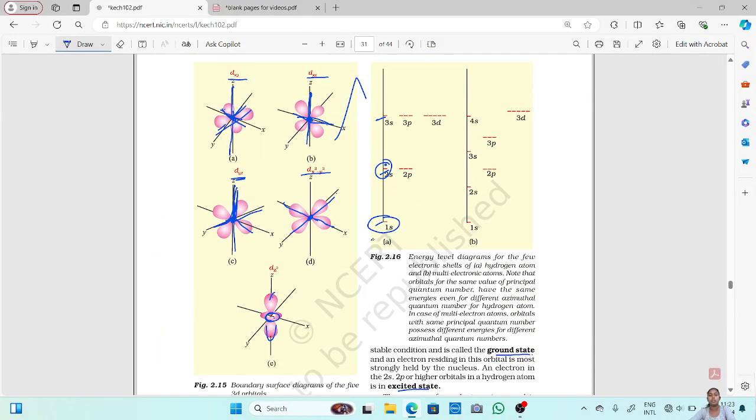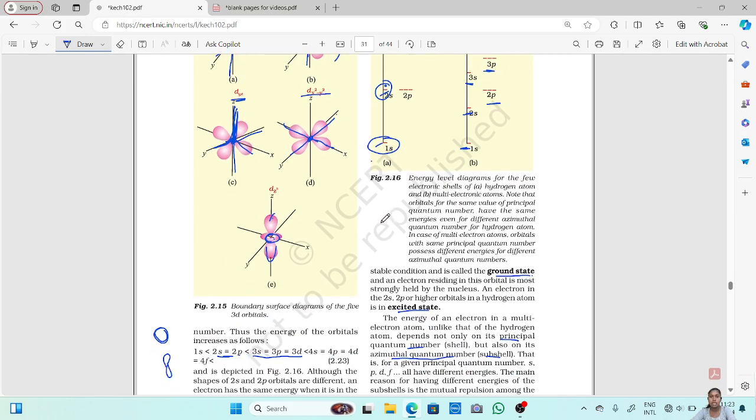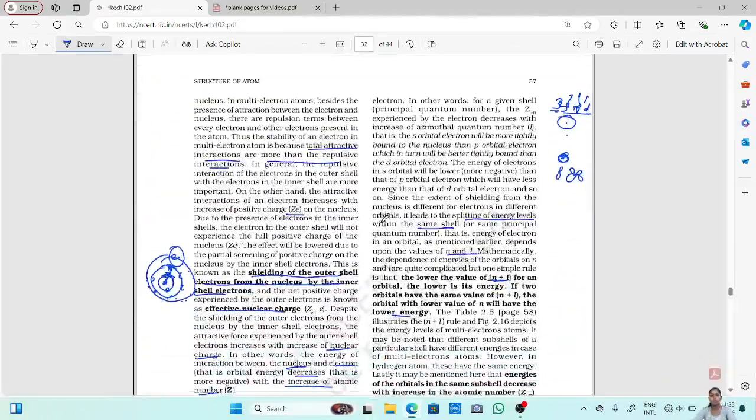So here it is given. Now this is the energy level. 1s, 2s, 2p is slightly higher than 2s. Then you have 3s, 3p, 4s, and 3d is slightly higher than 4s. So these are the different energy levels.